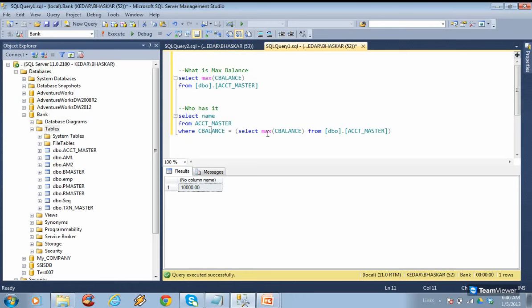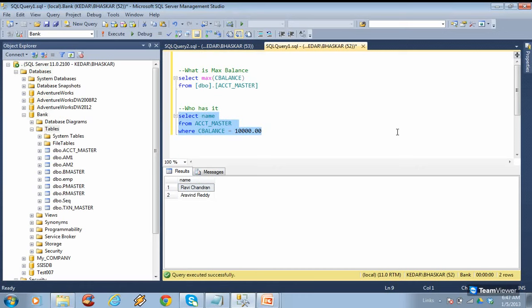Now, because this will give you the maximum, whatever be the maximum balance here, say the maximum balance is 10,000 rupees, the 10,000 rupees will get substituted here. You have to be very clear on this. And based on this, you will get the name. So this would be the execution.